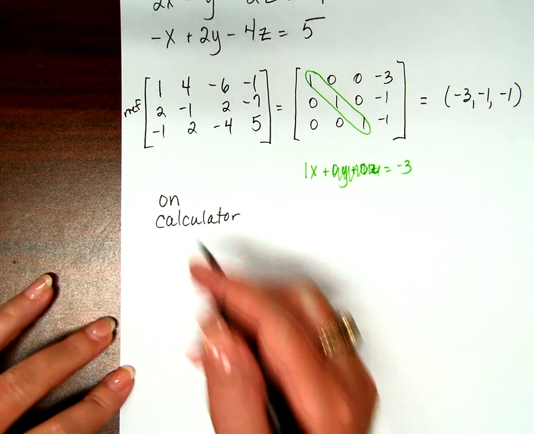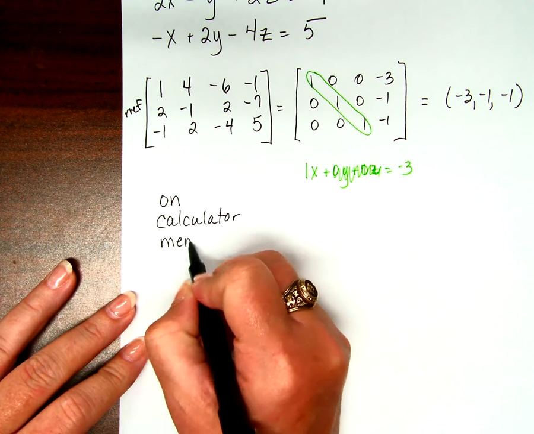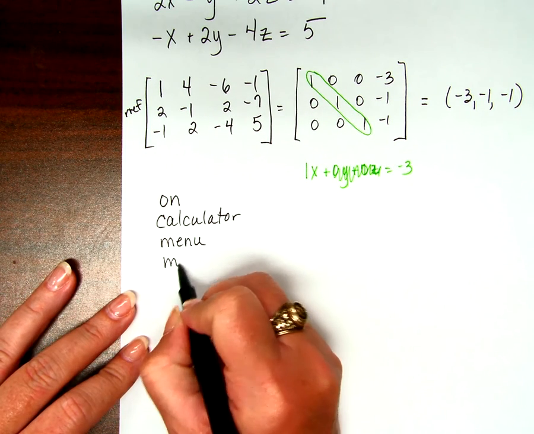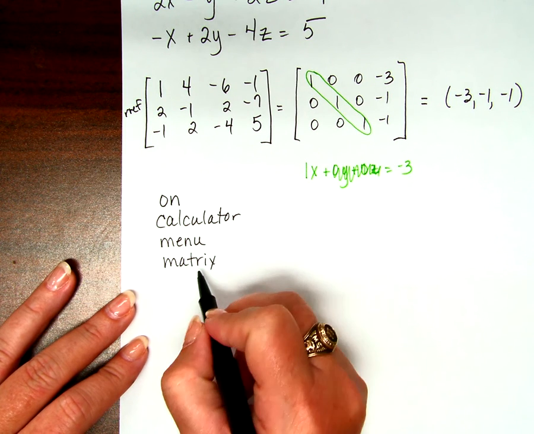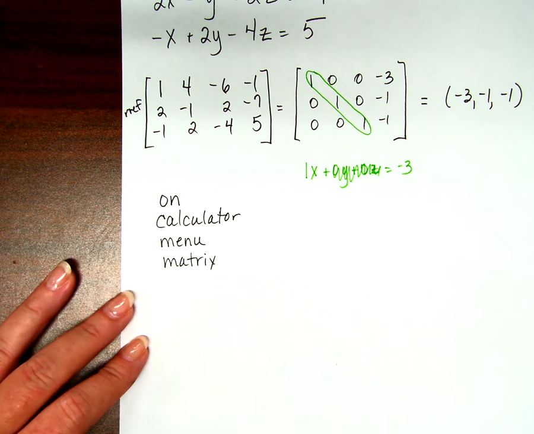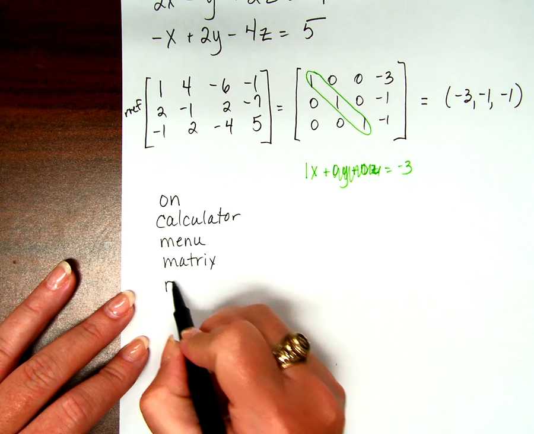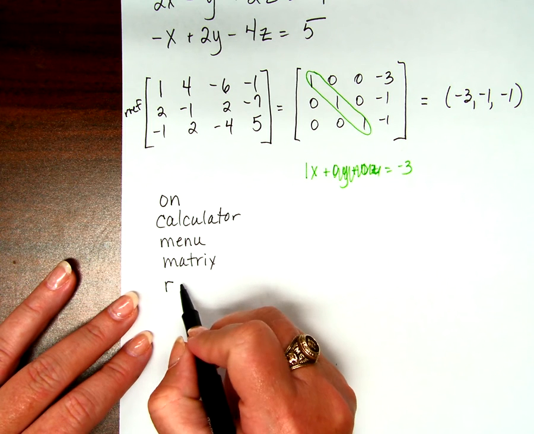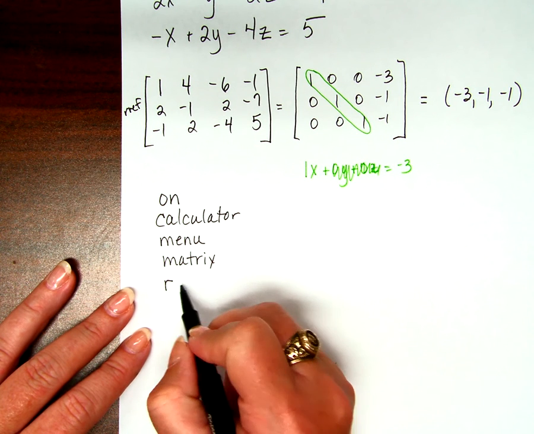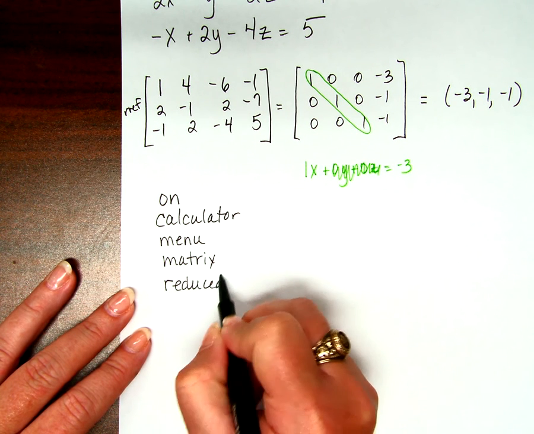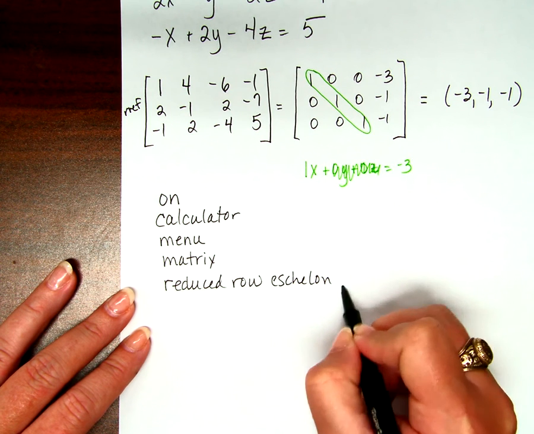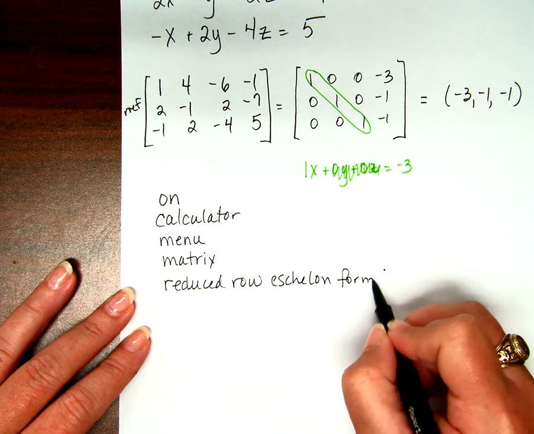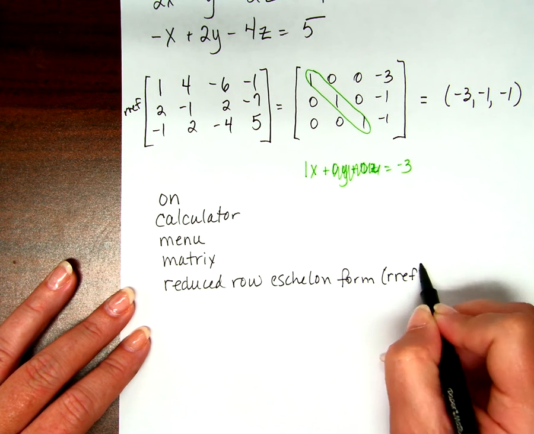And then menu, matrix. Guys, I know it says matrix and vectors. Can I write just matrix? You okay with that? Okay. Reduce. Okay, I'm going to write it for you once so you know what I'm saying. Which we know is RREF, right?